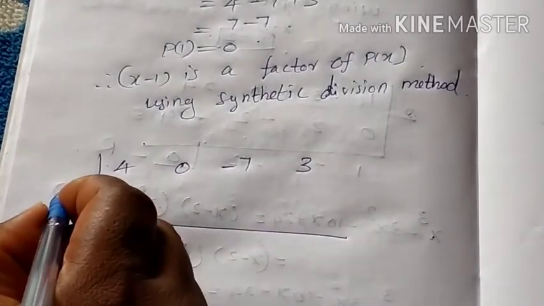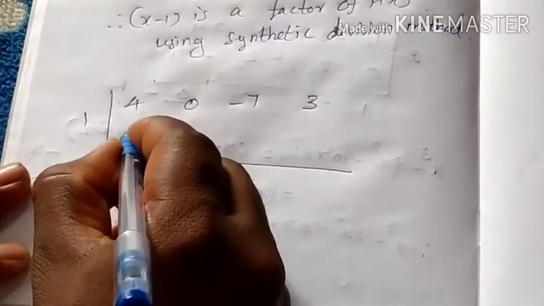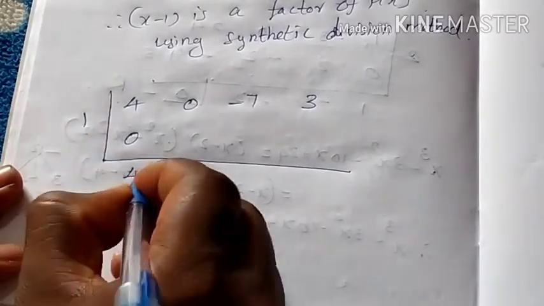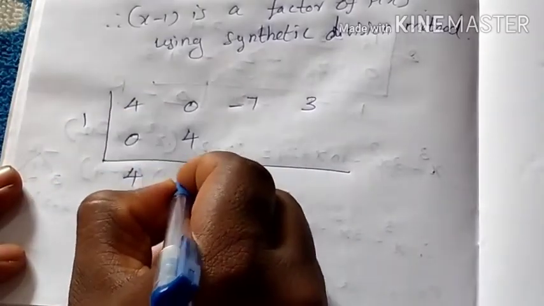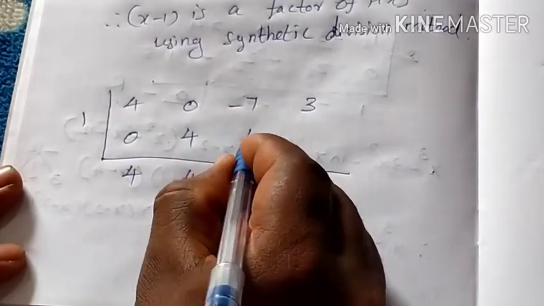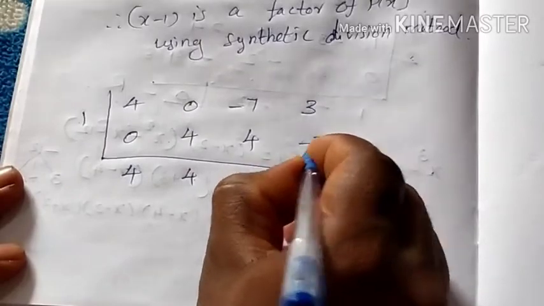The divisor is 1, and the initial value is 0. 4 plus 0 is 4, 1 fours are 4, 0 plus 4 is 4, 1 fours are 4, then minus 7 plus 4 is minus 3, 1 threes are 3, minus 3.